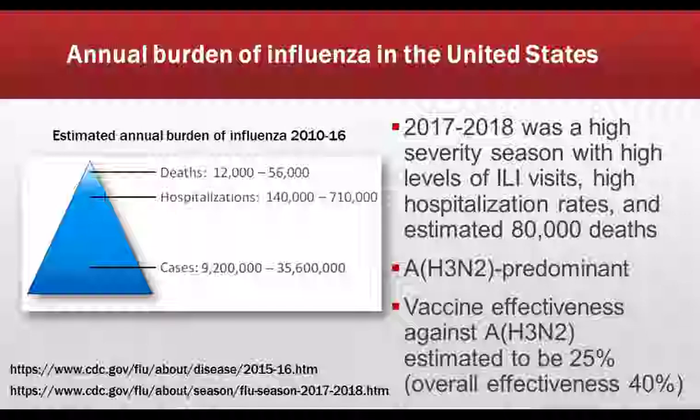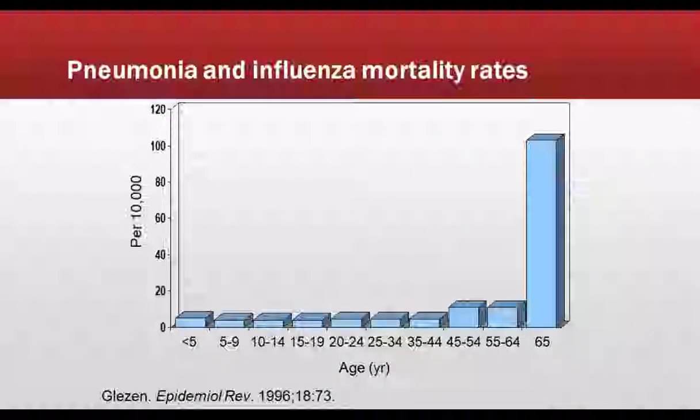Bottom line, a lot of disease caused by influenza every year in the United States. And talking about deaths, if you look historically, in general, more than 90% of deaths due to influenza each year occur in people 65 years of age and older. And that's why historically there's been so much emphasis, so much focus on making sure that adults, and particularly the elderly, get vaccinated.